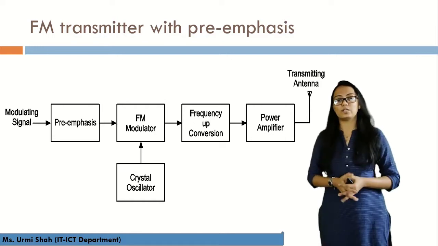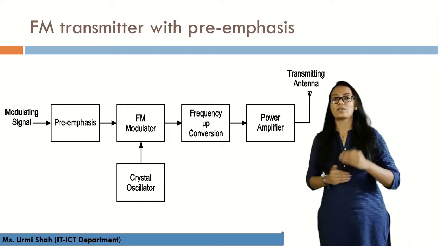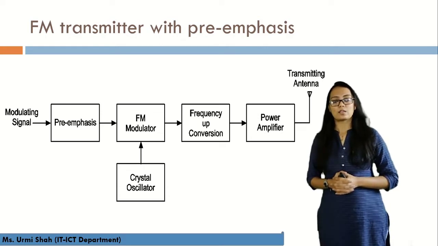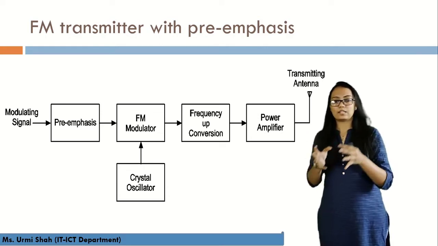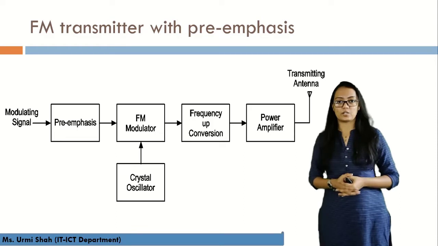In the FM modulator, you will have the input from the crystal oscillator. Basically, the crystal oscillator provides the frequency ranges for the signal based on the oscillations produced in the circuitry. Now this FM modulator will pass on the FM modulated signal for frequency up conversion.